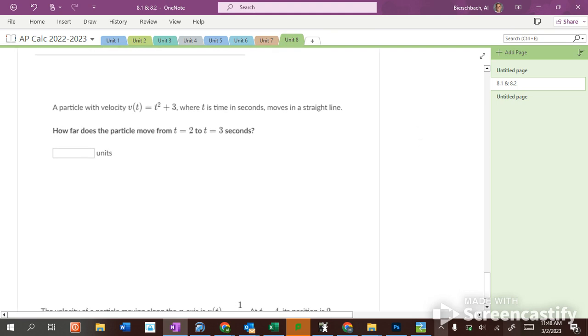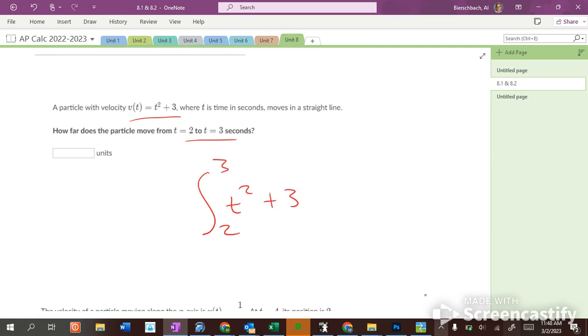And now we're actually solving. So here's our velocity, from 2 to 3: the integral of t squared plus 3 from 2 to 3. If we integrate this, what's the integral of t squared? 1/3 t cubed plus 3t from 2 to 3.